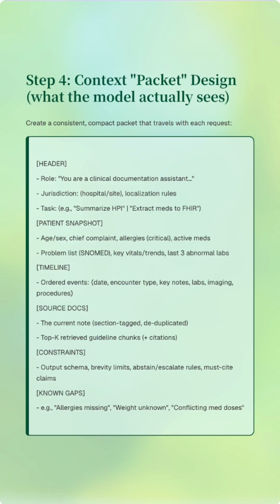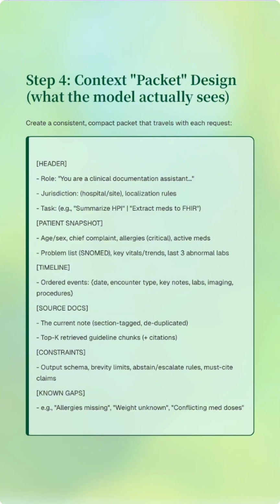Step 4. Structure the context packet. Now comes the heart of context engineering, deciding exactly what the AI sees when we call it. Instead of dumping the whole patient chart, we package the information. At the top, we set the role. You are a clinical documentation assistant.